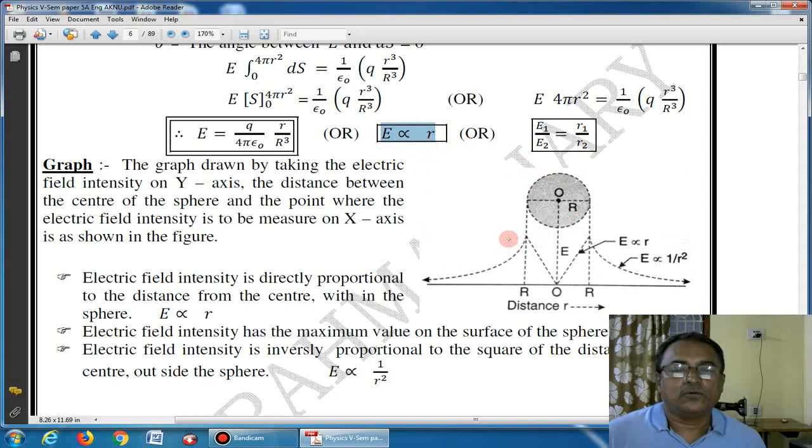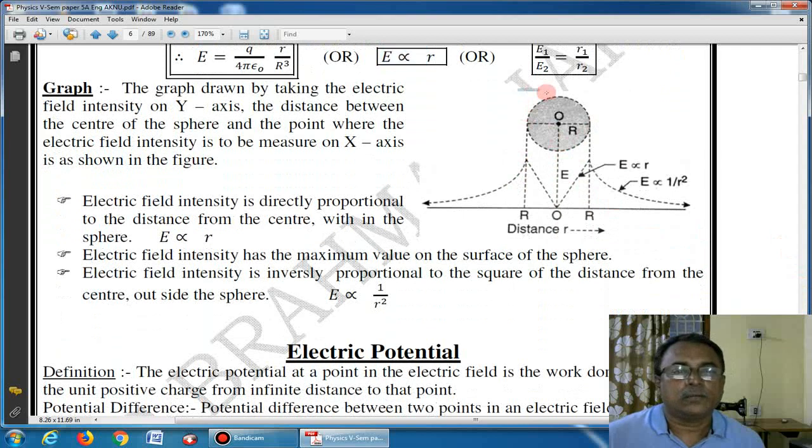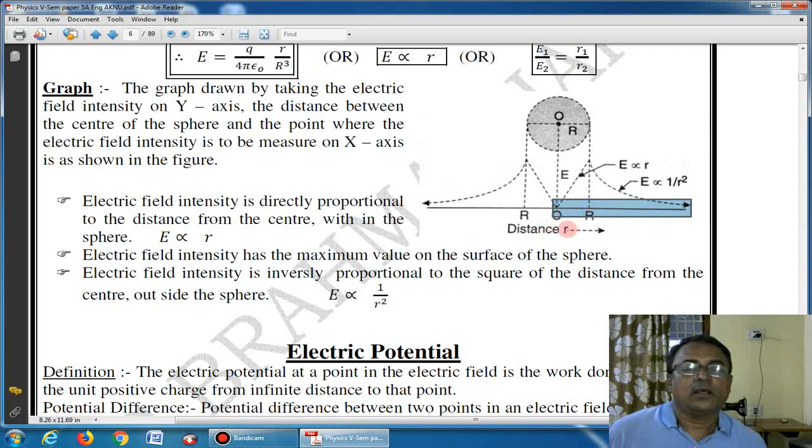And if we want a graph between E and small r, say here is the sphere, this is the sphere of capital R radius, and the graph is taken by taking small r, that is the distance from the center of the sphere to the point where the electric field is to be measured, on the x-axis, and the electric field intensity E on the y-axis.